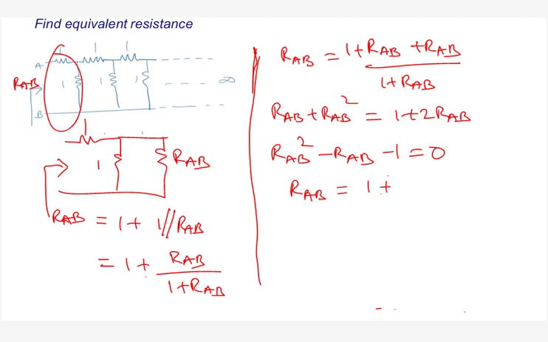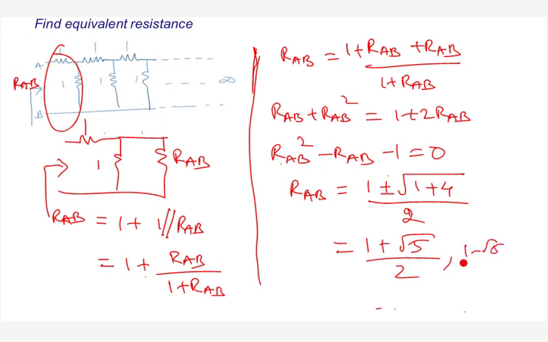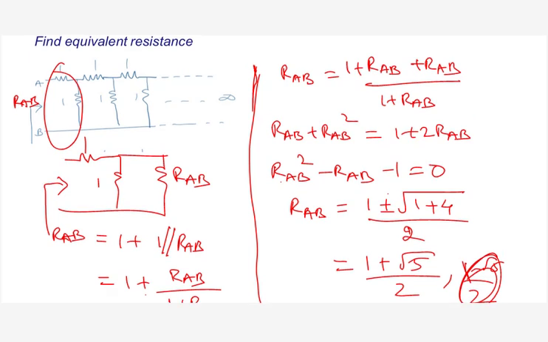So 1 plus root 5 by 2, or 1 minus root 5 by 2. Resistance can never be negative, so this is neglected. So the answer is 1 plus root 5 by 2. Is it clear?